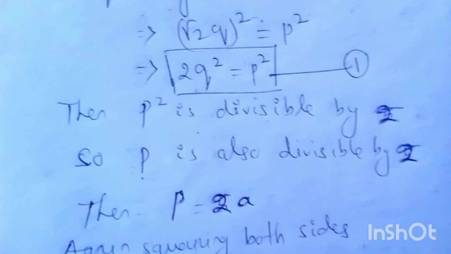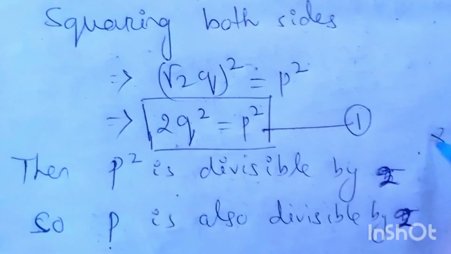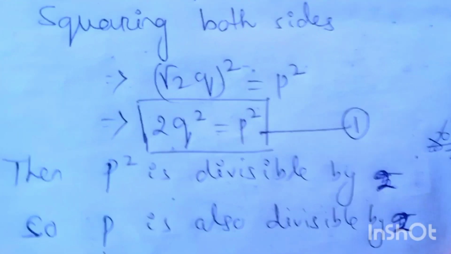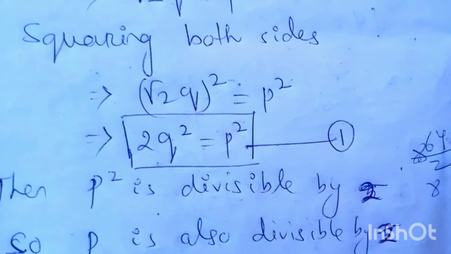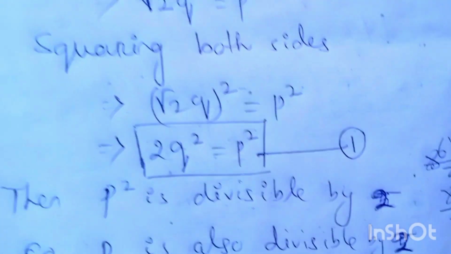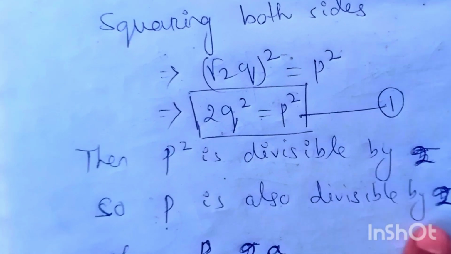For example, if 64 is divisible by 2, and 8 square equals 64, then 8 will also be divisible by 2. Similarly, we can say that p square is divisible by 2, then p is also divisible by 2.